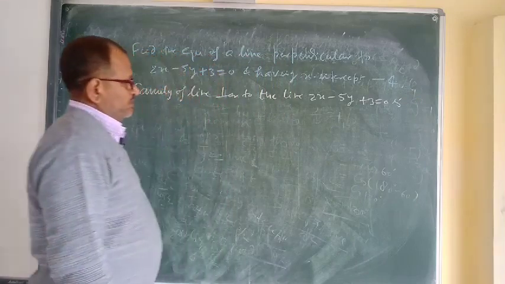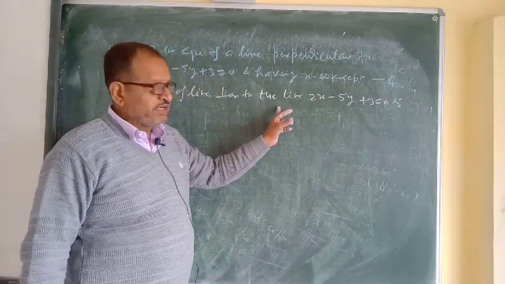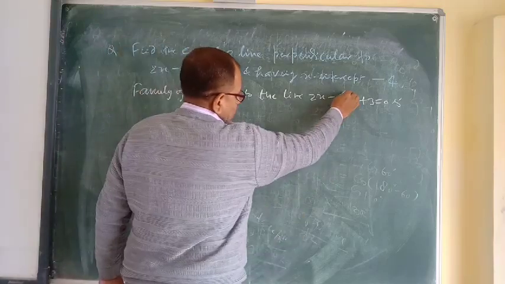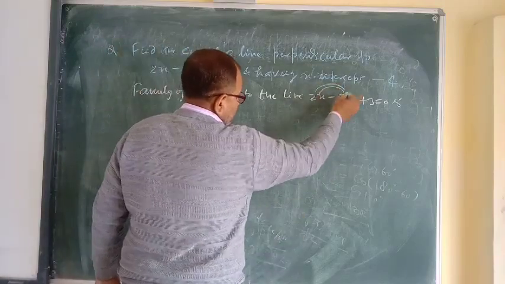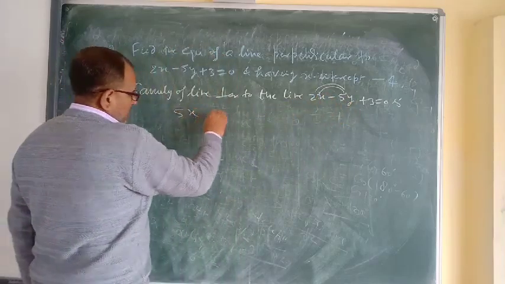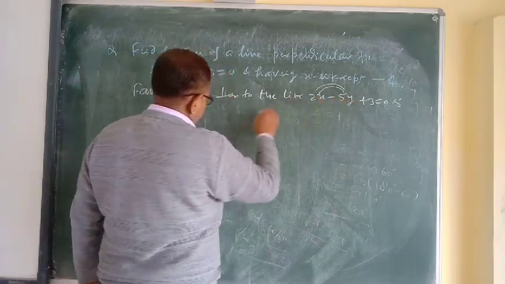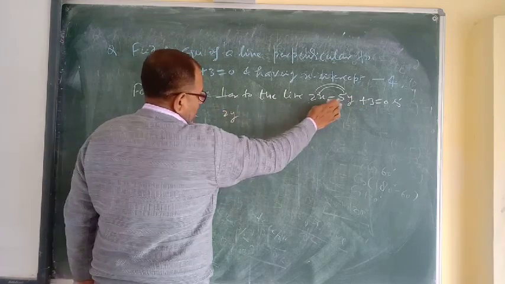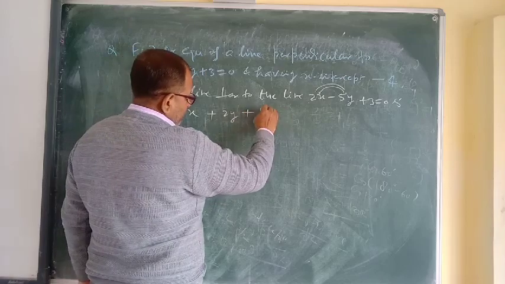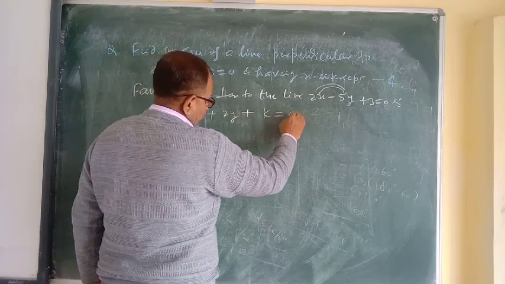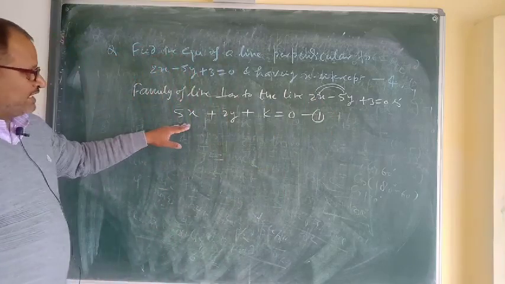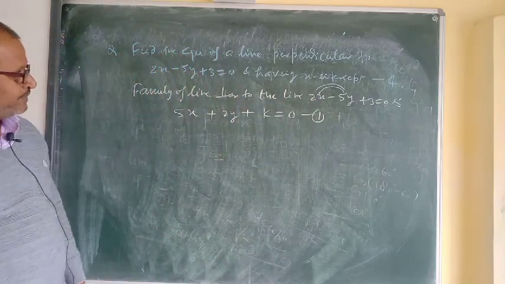I have told you how we can take the family of lines perpendicular to a given line. So interchange the coefficients. Coefficient of y is 5, so write here 5x, and x coefficient 2, take it with y, 2y, and change the sign of y, that is plus. For the constant we will use a new constant, k is equal to 0. This is the family of lines perpendicular to the given line.